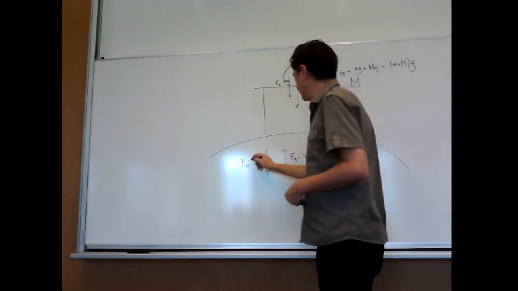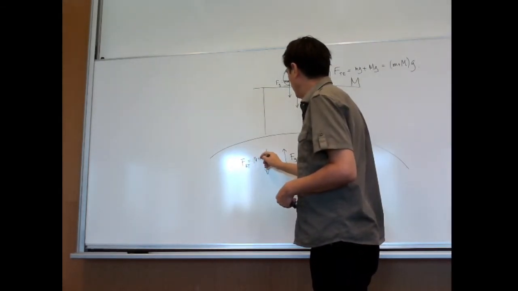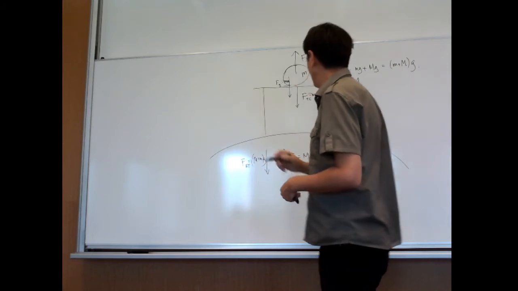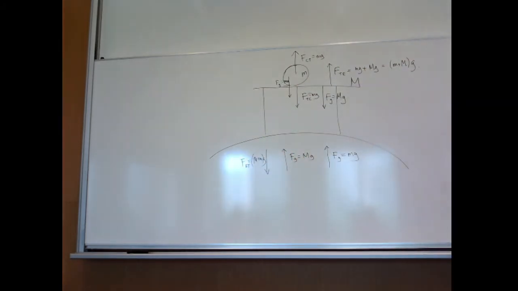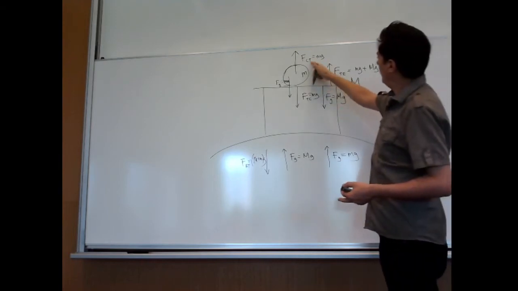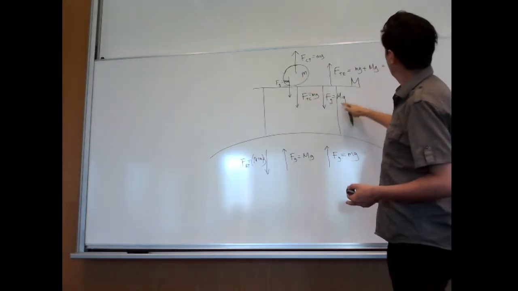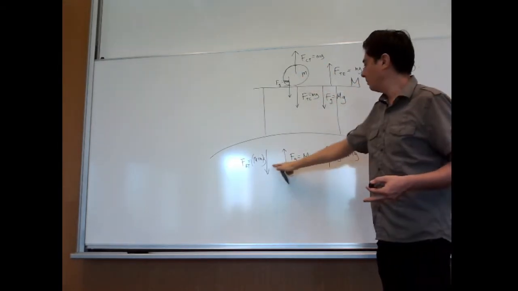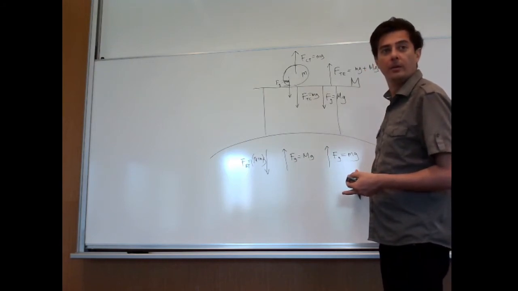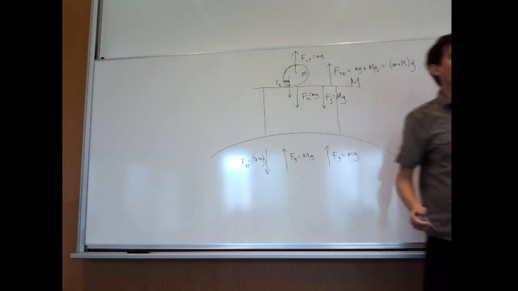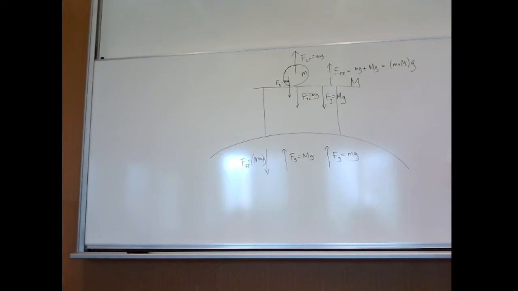So this is (m plus M) g. Now we should check that all the forces cancel. Yeah, it cancels here. These ones also cancel, and then all the forces on Earth also cancel. So nothing's moving, as it should be.